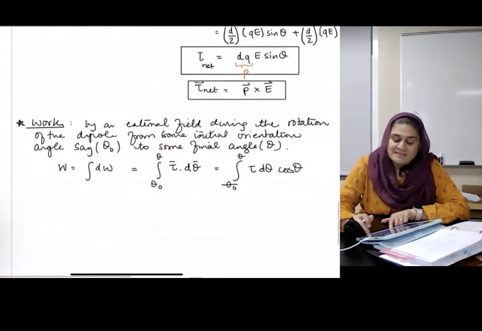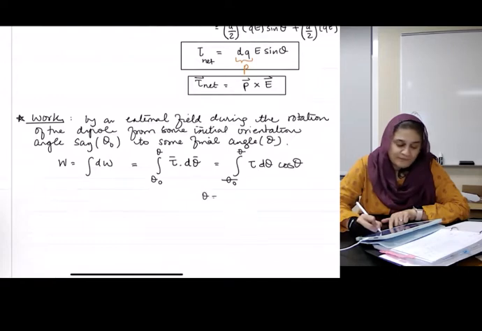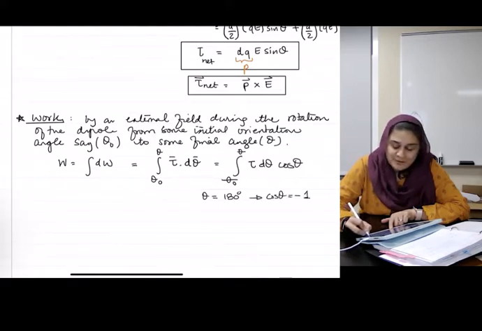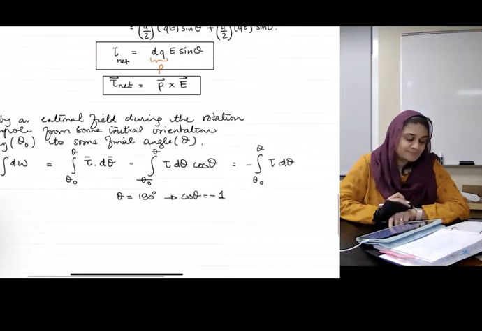And what's the maximum theta that we could have? 180. That implies cosine theta is -1, which results in minus theta 0 to theta d theta.